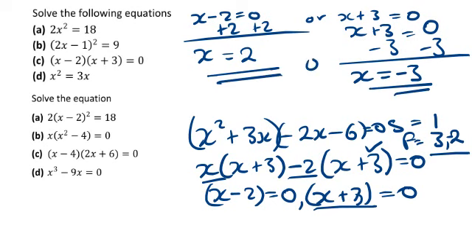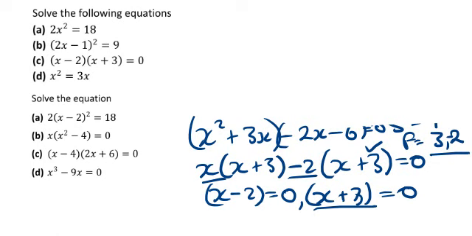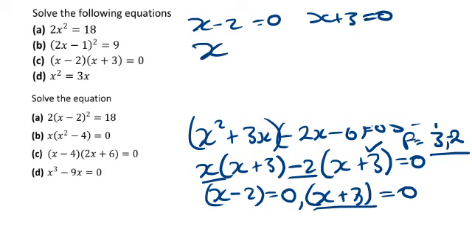So that is all there. Or we can just say, x minus 2 equal to 0, x plus 3 equal to 0. When negative 2 comes to the other side, to be positive 2. When 3 comes to the other side, to be negative 3. So that is one and the same.